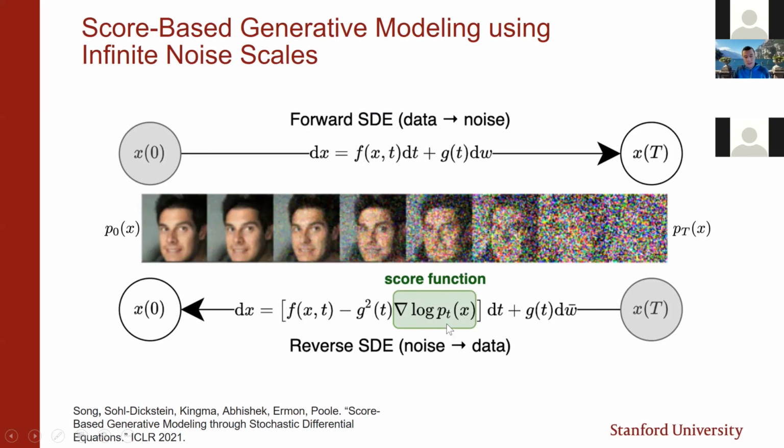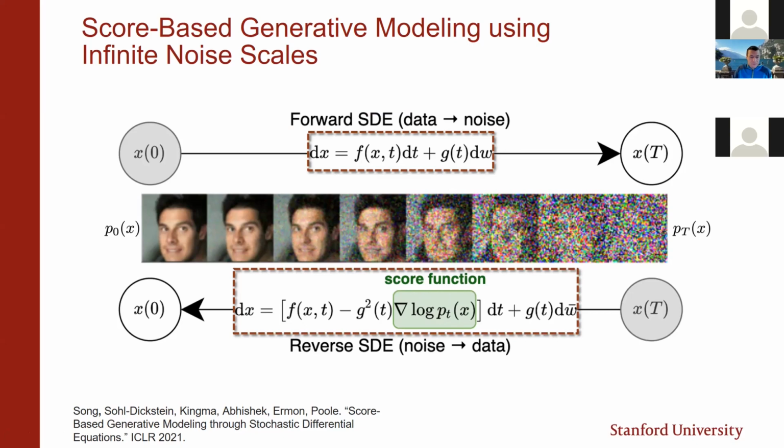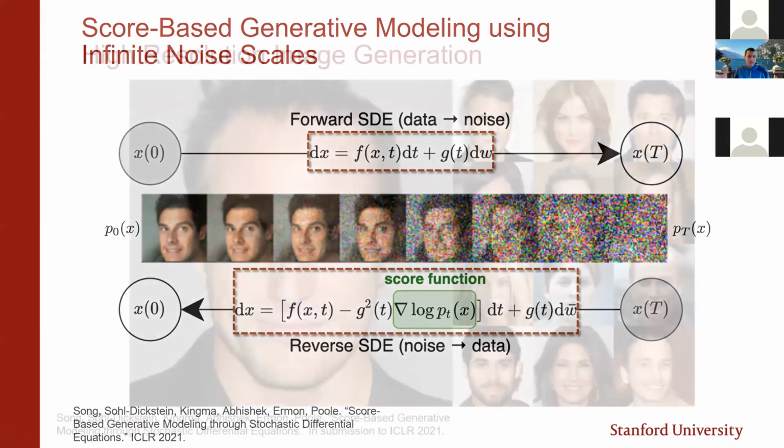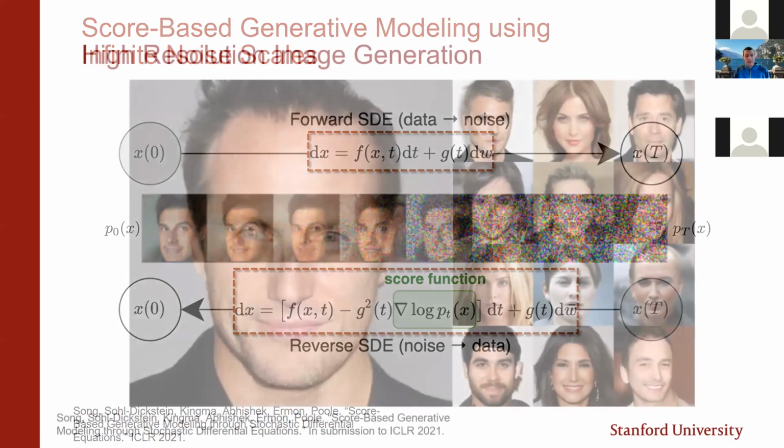The only thing we need is this score function. So we can estimate the score function using score matching, and then sample from this SDE. It turns out that this can further increase the quality of the samples.